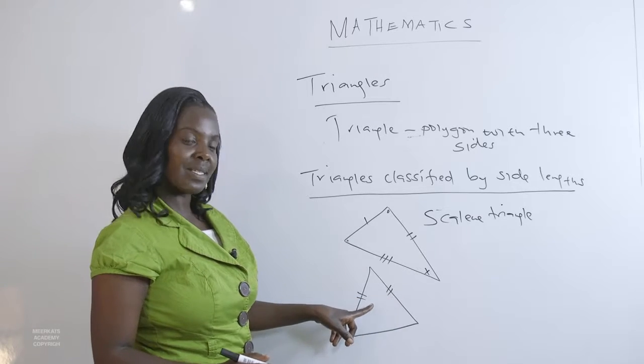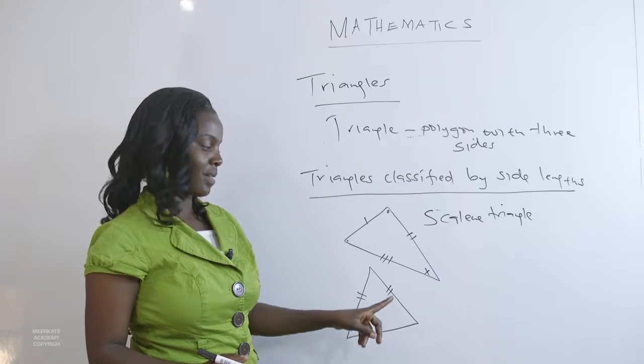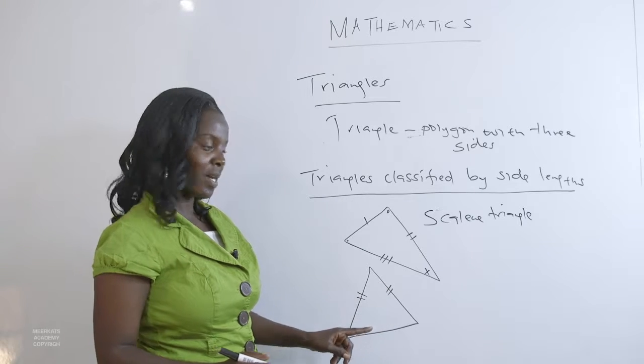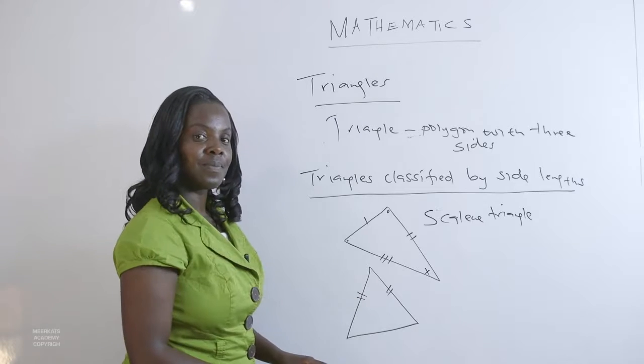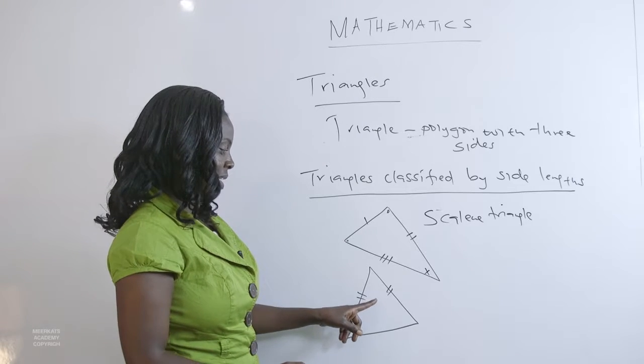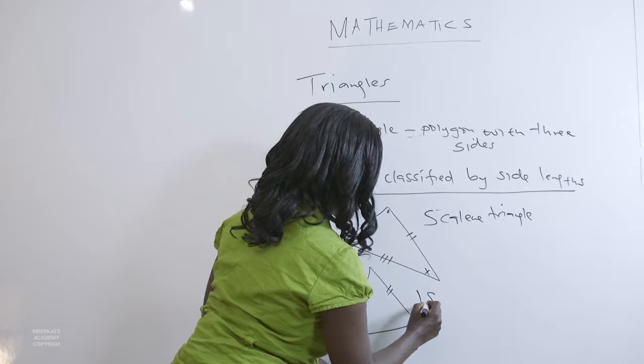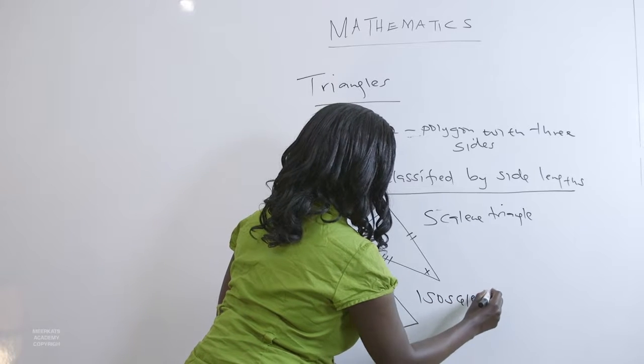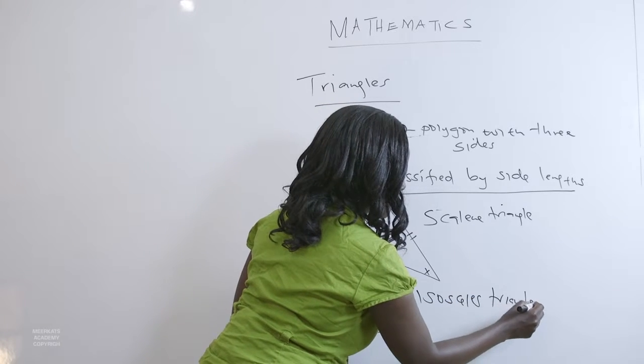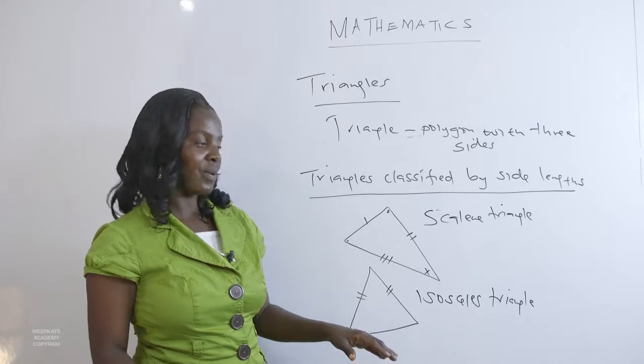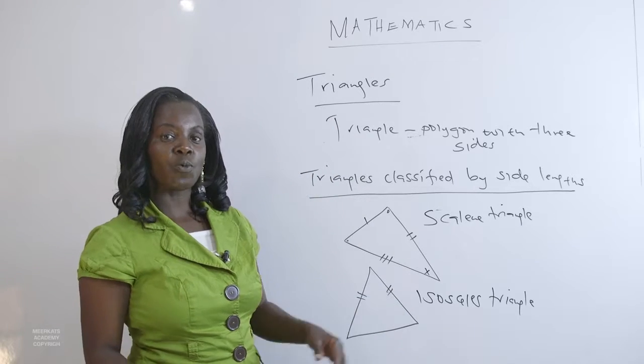This triangle means that this one and this one are equal. They have the same markings, they are equal. So this side and this side are equal. So we call this type of triangle isosceles. An isosceles triangle is a triangle that has 2 sides equal.